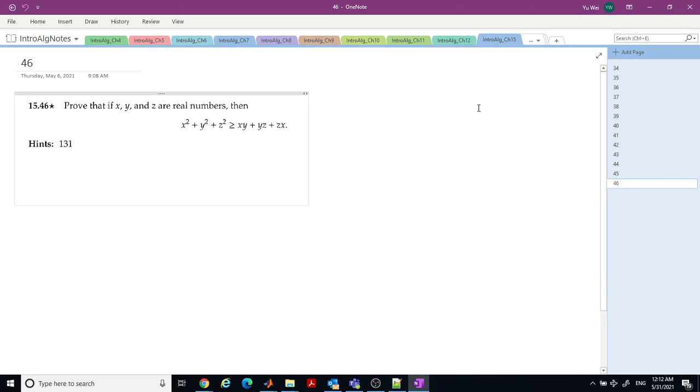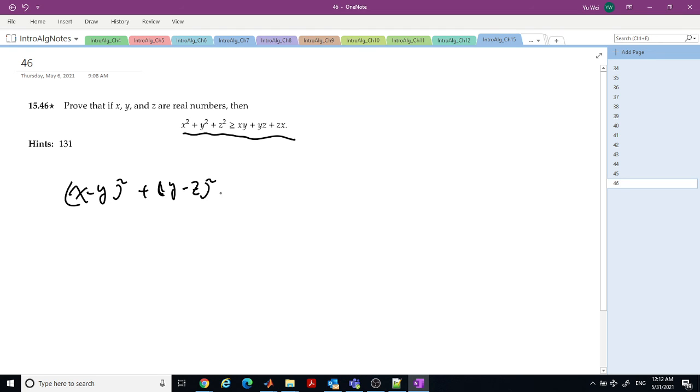Okay, the last one. Let's see. Okay, this one is cyclic. So (x minus y) squared plus (y minus z) squared plus (z minus x) squared is greater than or equal to 0.